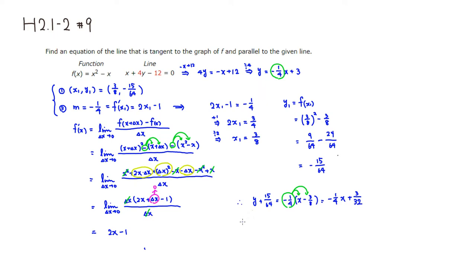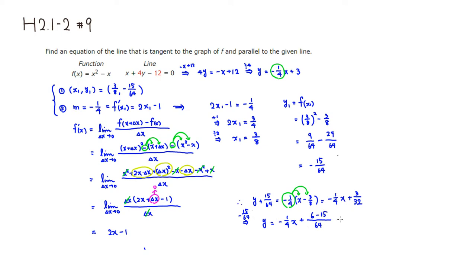Then we simply subtract 15 over 64 so that y is isolated. So it's negative 1/4 x, and 3 over 32 is 6 over 64, and we're subtracting 15 over 64.